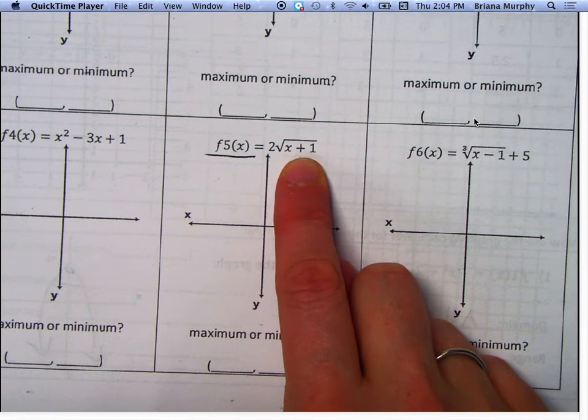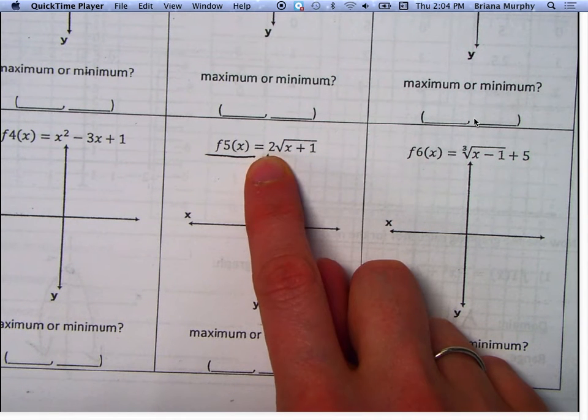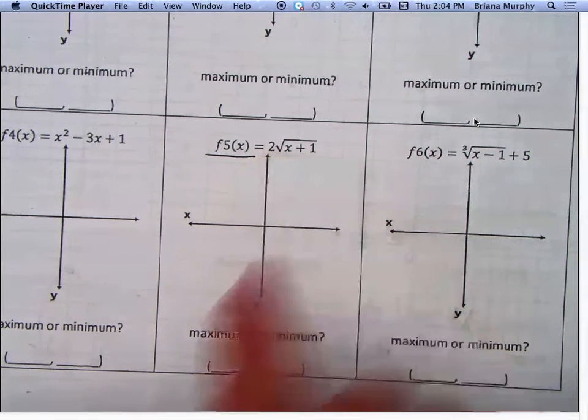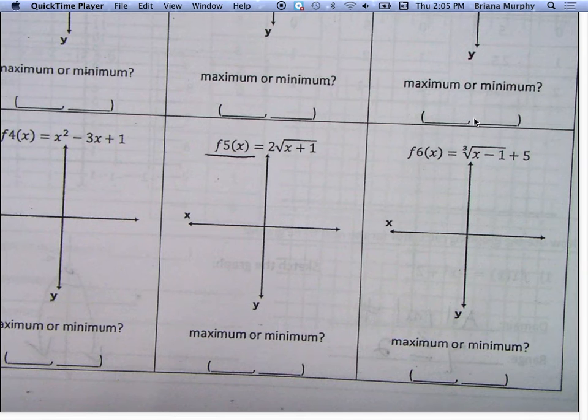It's going to go to the left 1. What does that 2 mean? It's going to stretch up 2. So let's put it in our graph. If you hit tab, it'll pop back up. We hit 2, square root, x plus 1.